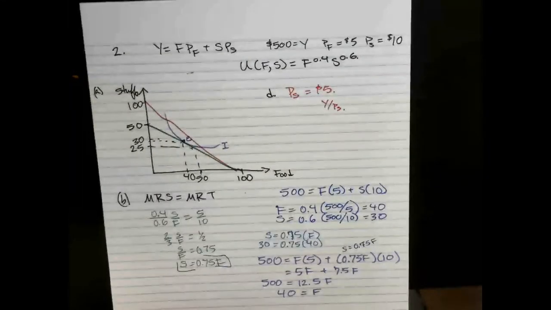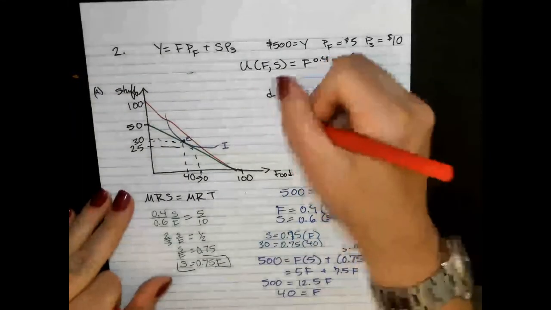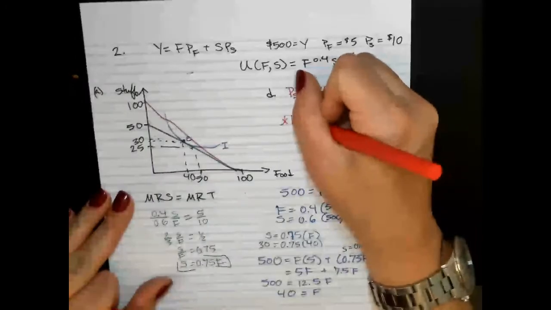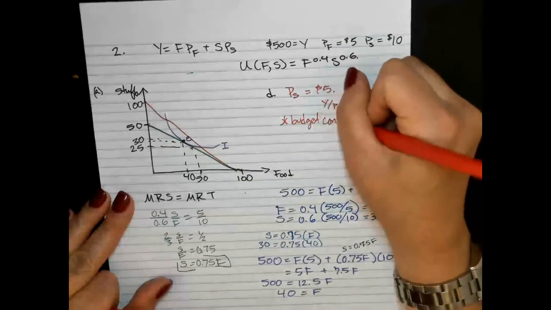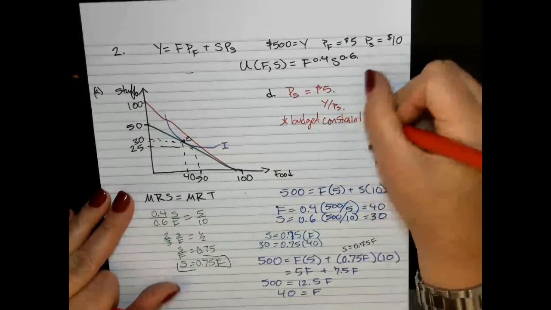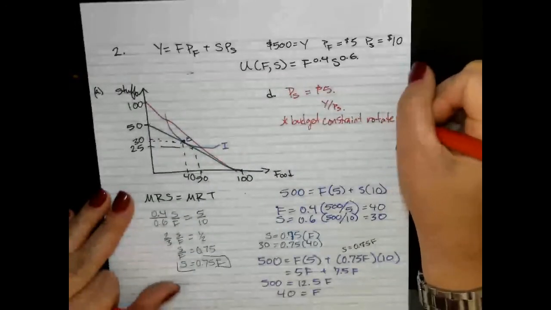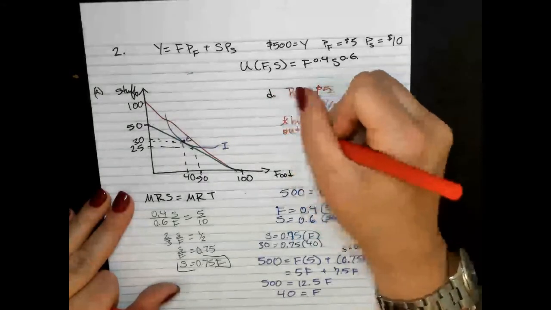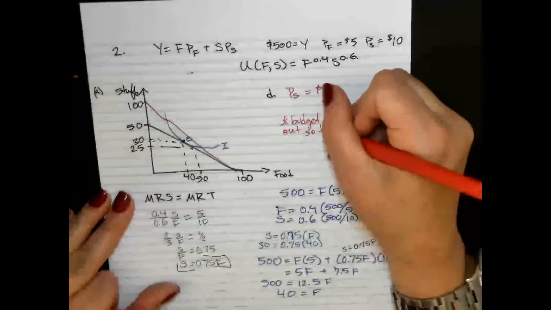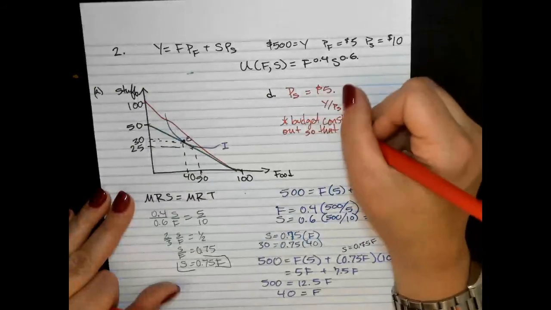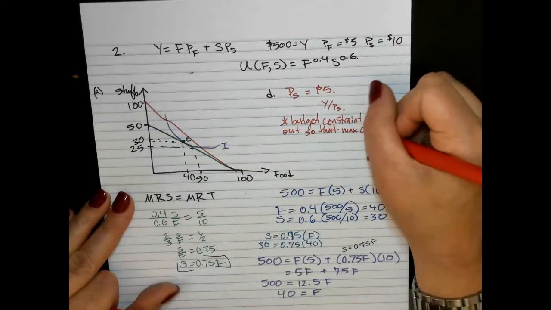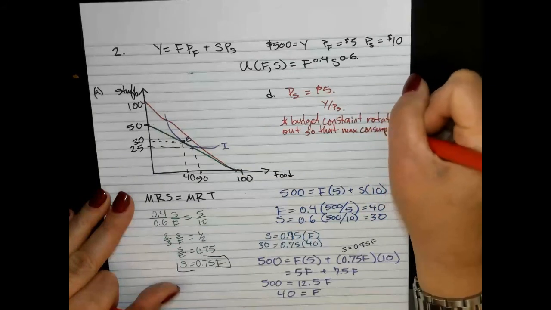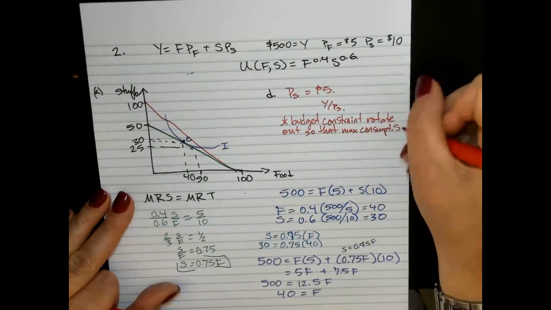So the first thing that's going to happen is we're going to see the budget line or the budget constraint rotate out so that she can have the maximum consumption of stuff equal to 100.